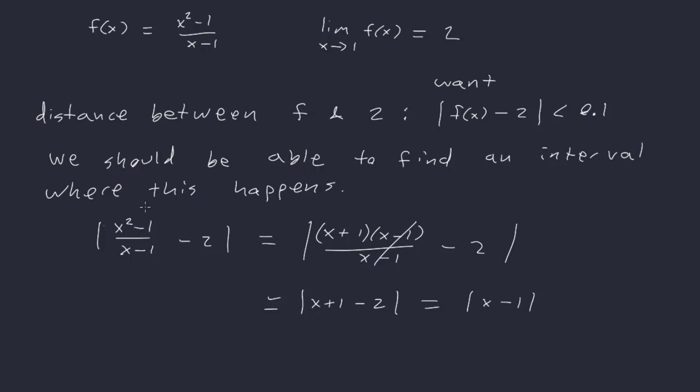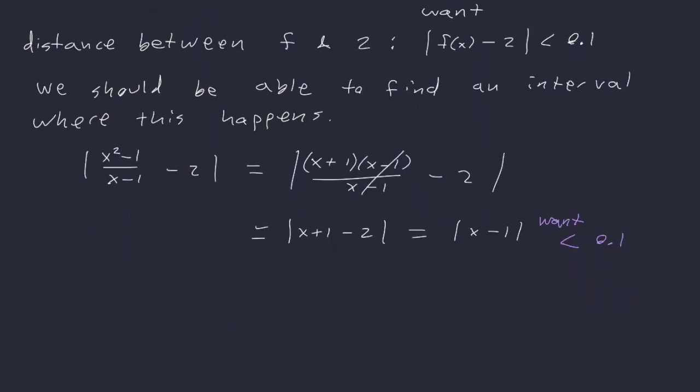So if we want this to be less than 0.1, we essentially want the absolute value of x minus 1 to be less than 0.1. Now if you remember from pre-cal or algebra, when you have an absolute value inequality like this, it changes to the x minus 1 being trapped between negative 0.1 and 0.1.